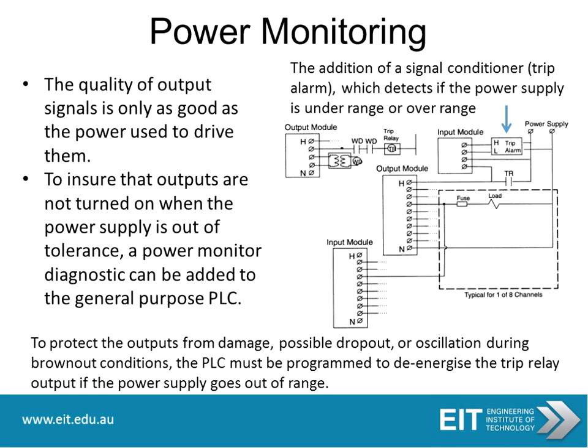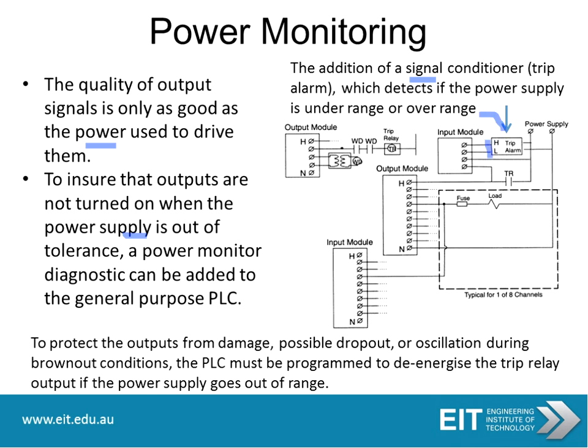Then also power monitors. Your quality of the output signal is only as good as the power used to drive them. So to ensure the outputs are not turned on when the power supply is out of tolerance, we now also add the power monitor. So again, what we have is the signal conditioner or the trip alarm that will detect if the power supply is under range or over range.